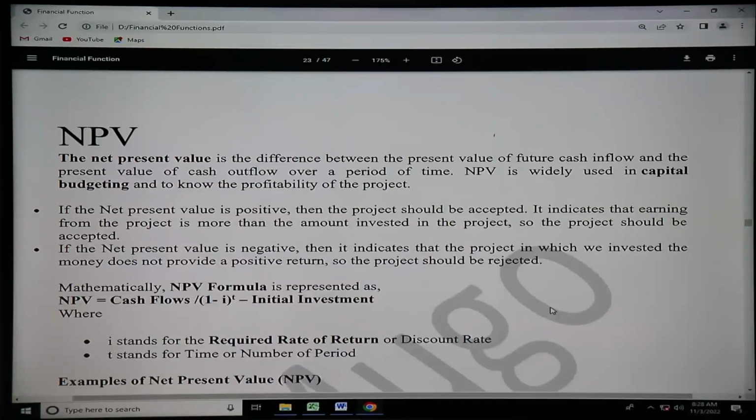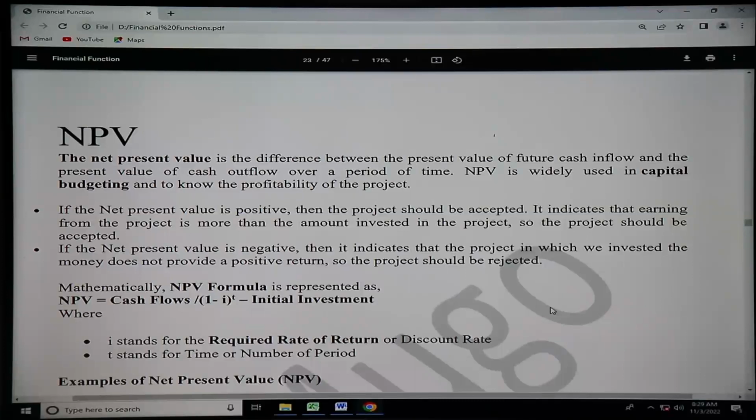If you take the cash flow, that is the income, less the expenses, then reduce the initial investment, whatever remains is what we call the net present value. It indicates that your project is doing well because the cash flow has exceeded the initial investment.